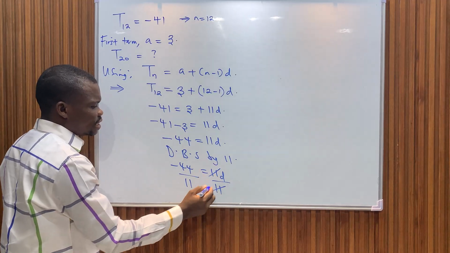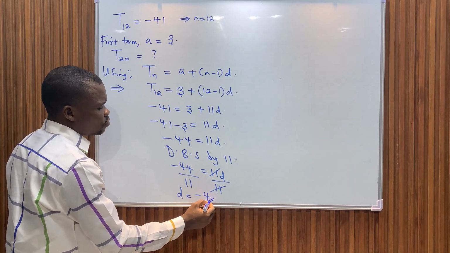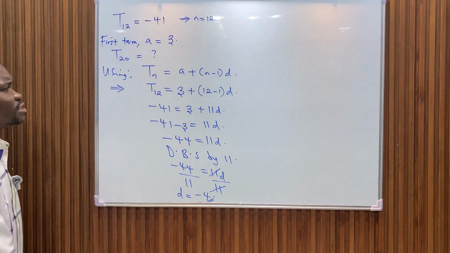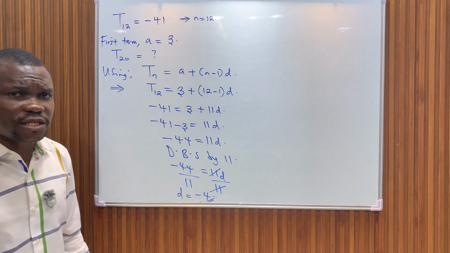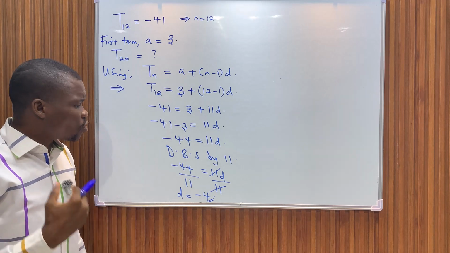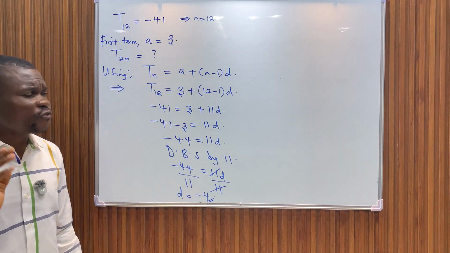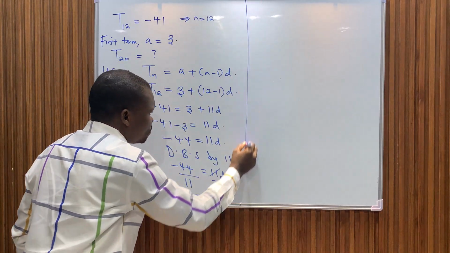You can see that the 11s cancel, so d equals minus 4. The common difference in this sequence is minus 4. Remember, we are asked to find the 20th term, and I said you cannot find it because the common difference was not given, so we needed to find the common difference first. Now let's progress to find the 20th term.